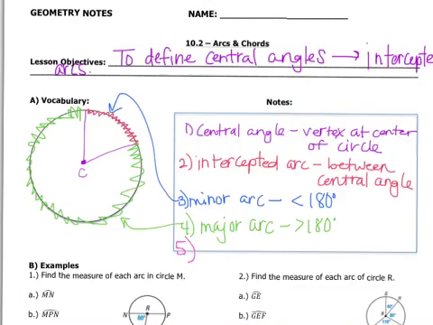What do you call half a circle? Semicircle. Okay, a semicircle has a measure of 180 degrees.